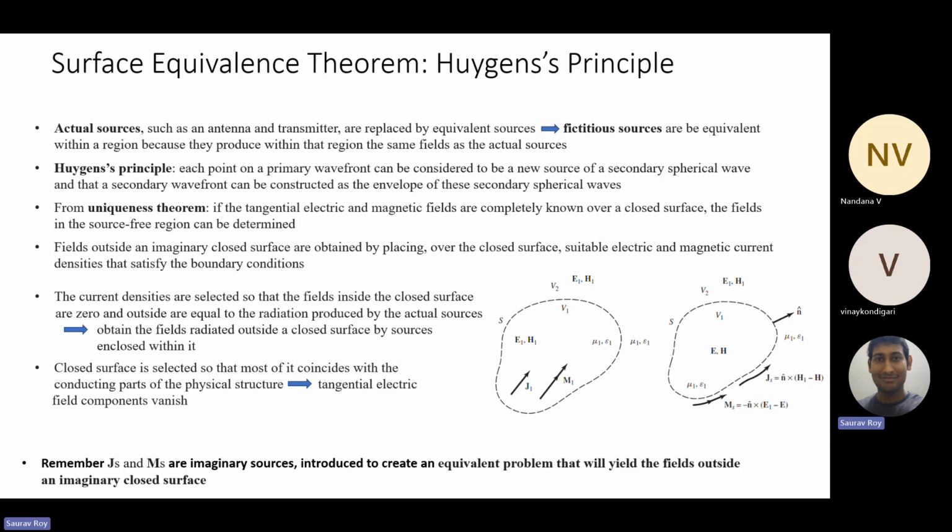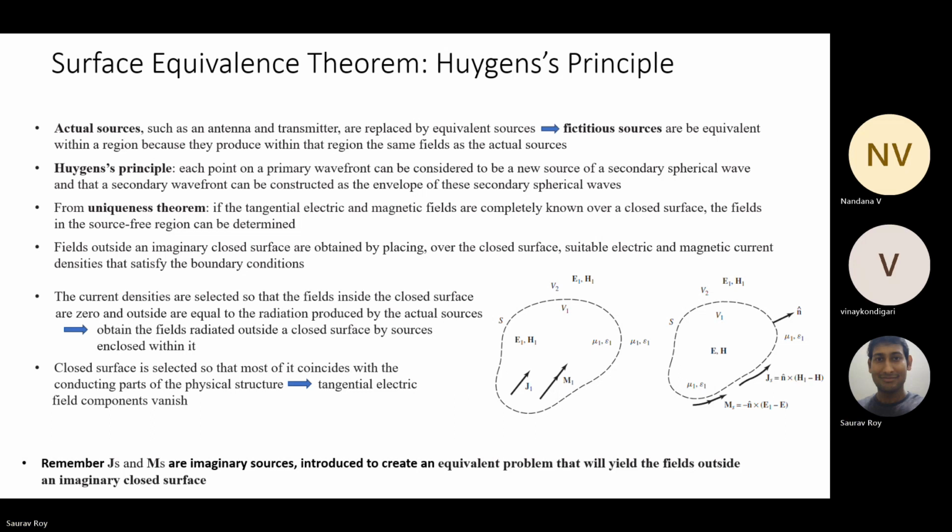Okay. So in this picture, let's see. What are actual sources? In a case of antenna and transmitter, actual sources are this current density. In the picture you see, this dotted line encloses J and M. J and M are expressed by single arrow and double arrow.